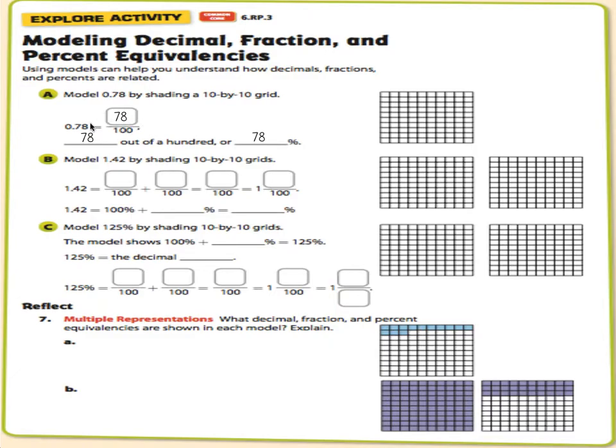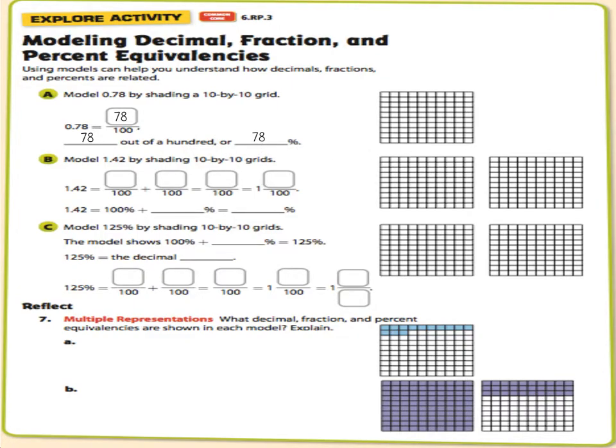So 78 hundredths as a decimal is equal to 78 over 100 as a fraction, and I know that anything out of 100 is also a percent, because 78 per 100 means 78%.